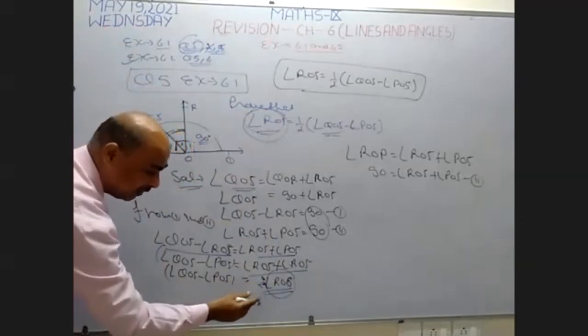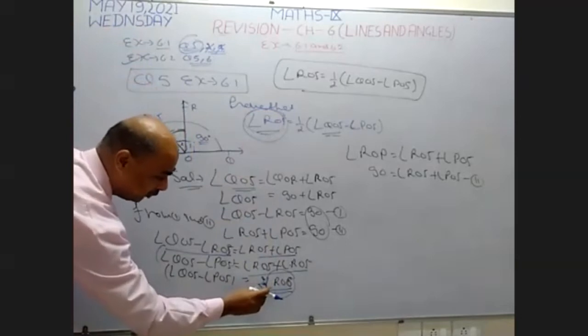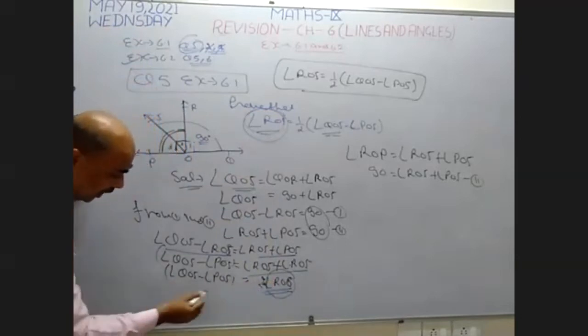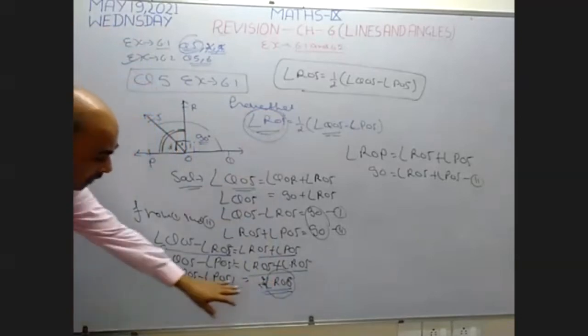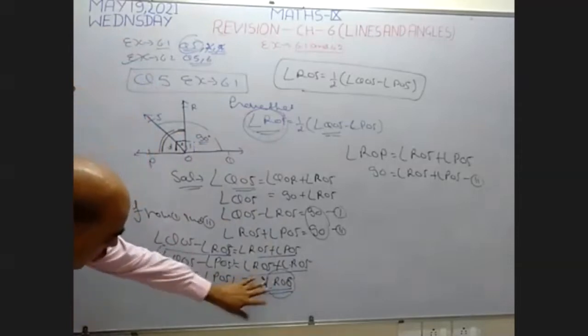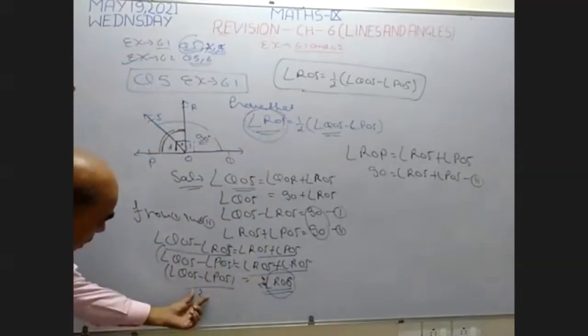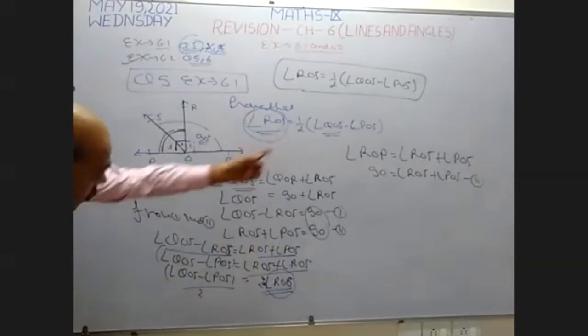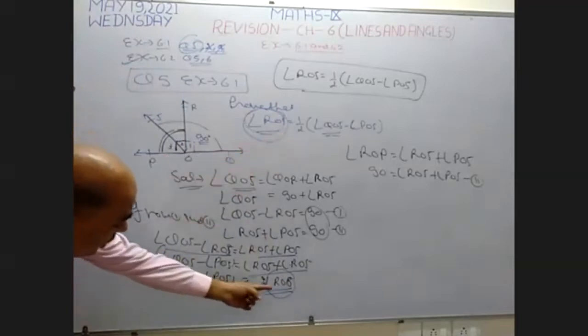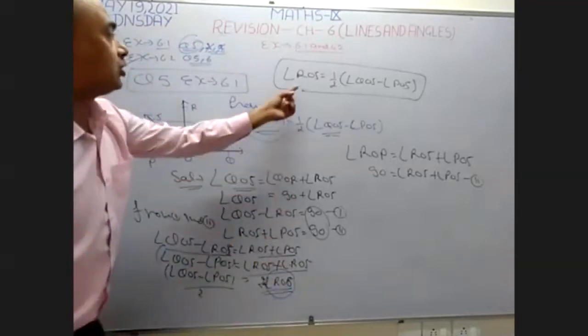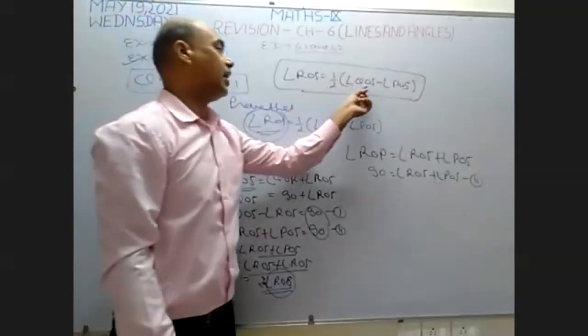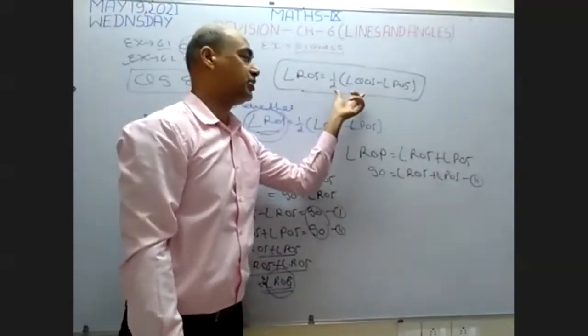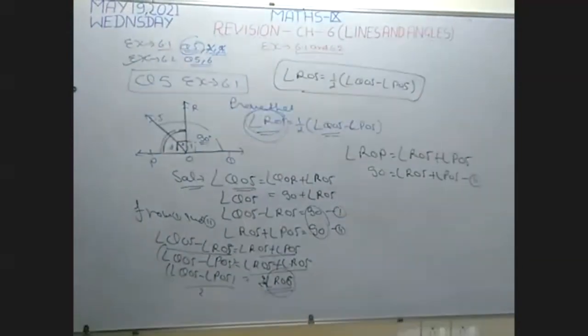This is the multiple number. When any multiple number goes to the other side, it moves into the denominator of the other number. This can be written as 1 by 2 into QOS minus POS, and it is equal to ROS. So the answer is ROS equals half of QOS minus POS. This is the answer. Okay, beta.